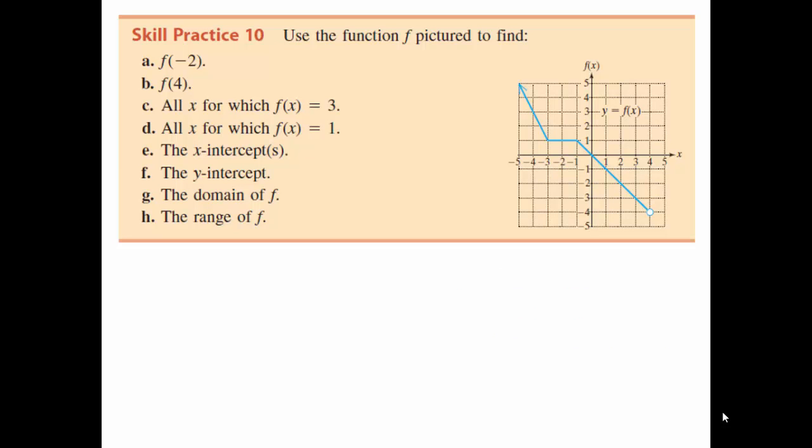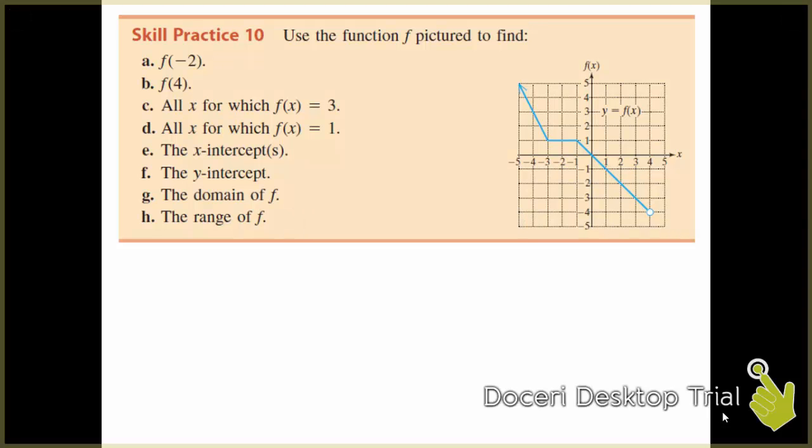Use the function pictured to find. Let's see if we can do this real quickly. f of -2. At -2, what is y? At -2, right here, y is 1.